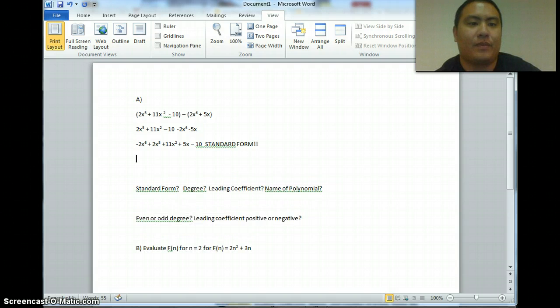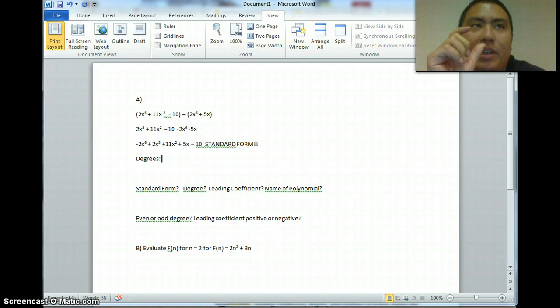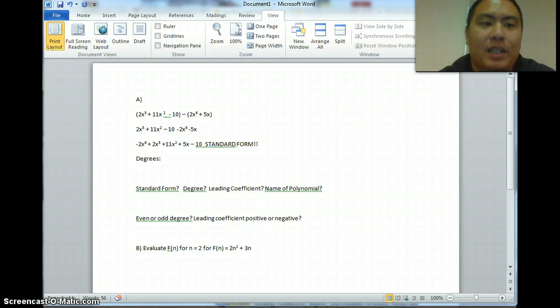Alright, now if we're talking about degrees, sometimes I might say we want to list them in order of degrees, and I'm just talking about each term. But when you're talking about the degree of a polynomial, which is what we typically want, it's whichever term is the strongest. In this case, we see that x to the 6th is the strongest.